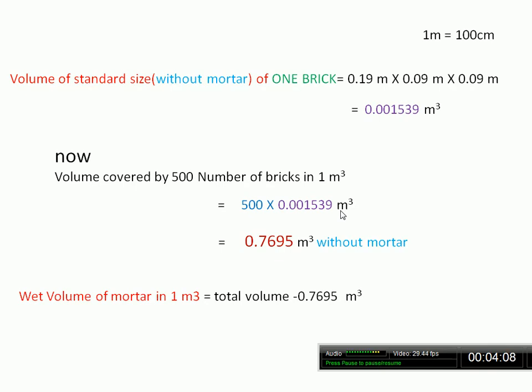That means the wet volume of mortar in 1 m cube is equal to the total volume minus 0.7695 m cube. Then our total volume is 1 m cube minus the without-mortar volume 0.7695. That means we get the wet volume of mortar equal to 0.2305 m cube.